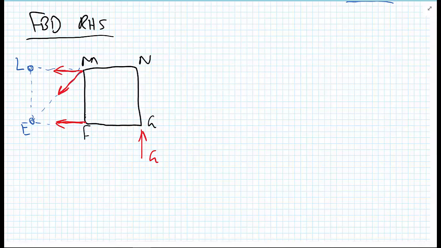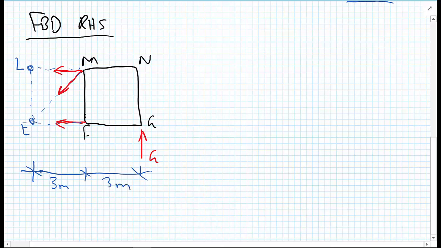To complete this free body diagram, we need to know the dimensions of the system for completeness. I'm going to go all the way to E, but it's not necessary. So we have 3 meters, and the vertical distance NG was 2 meters.